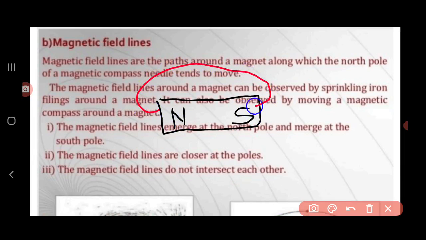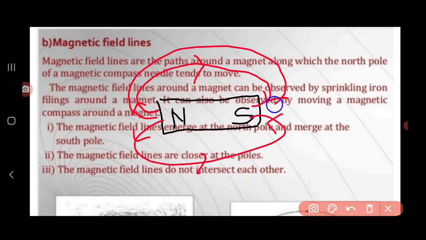And you must remember one more thing, the region up to which these imaginary lines extend gives the existence of the magnetic field of that magnet. So, magnetic field lines are the imaginary lines originating from the North Pole and ending at the South Pole of the magnet.